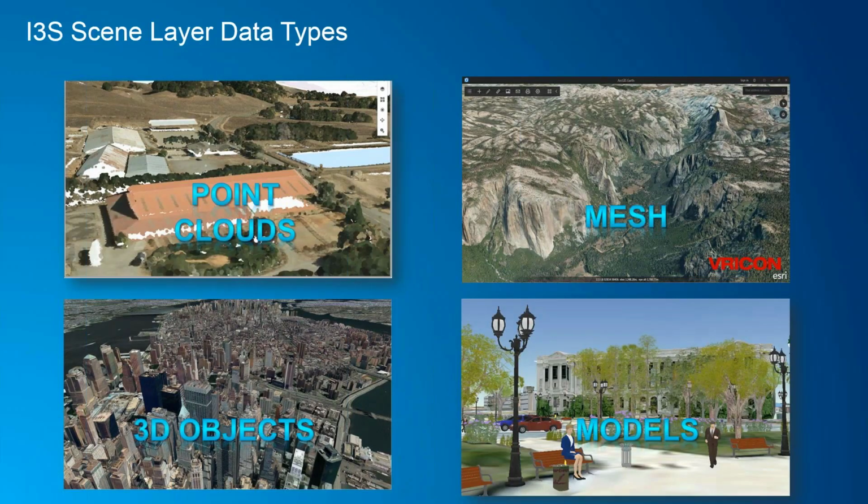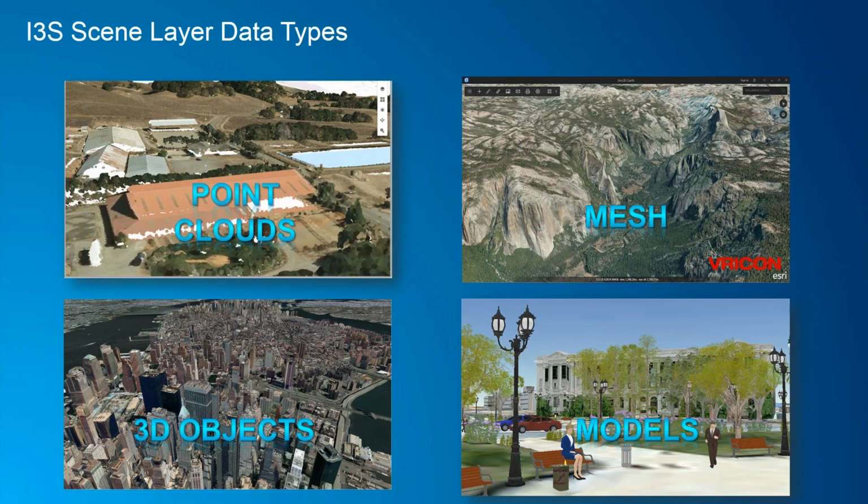As I said before, it does provide a container for multiple different types of products, whether they be point clouds, 3D meshes, 3D objects, or even models that are positioned using a point layer, if you will. So obviously the point clouds and the meshes are somewhat obvious. The 3D objects are any type of 3D model that you might have, you can display and render, and you can maintain all the attribute information associated with those objects.